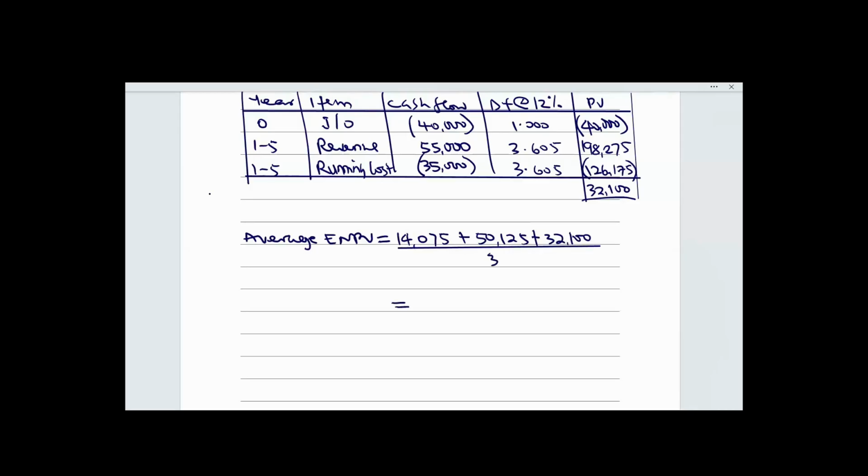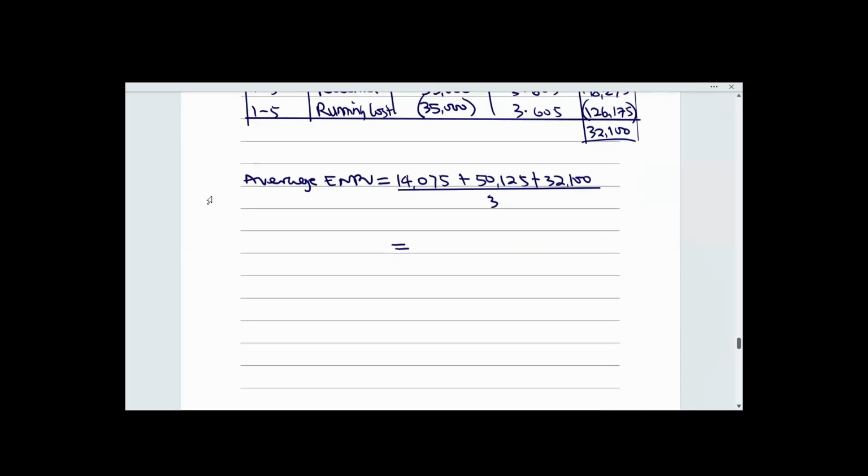So what do you have here? 32,100. That's the expected NPV. Is it coincidence? It's just by chance.